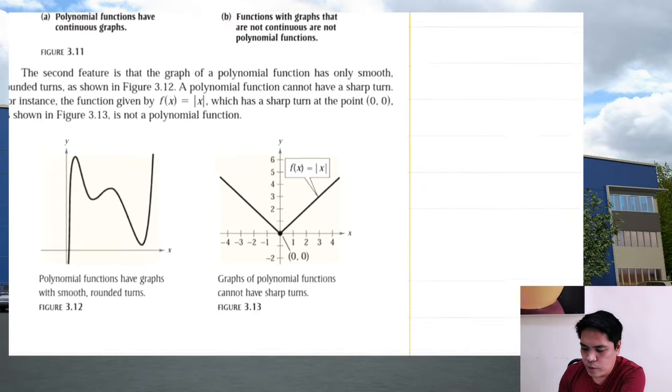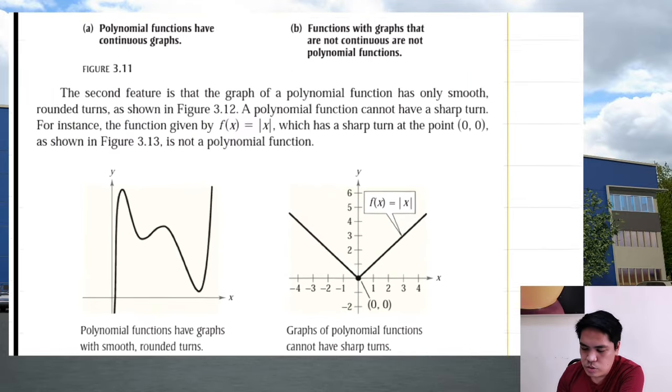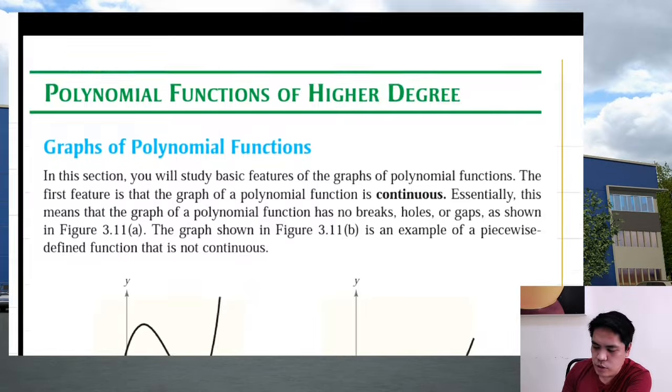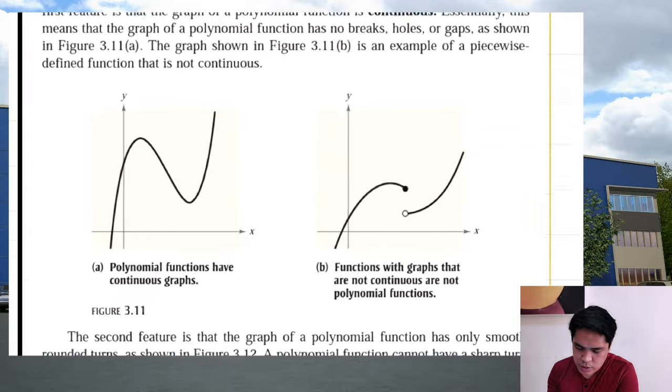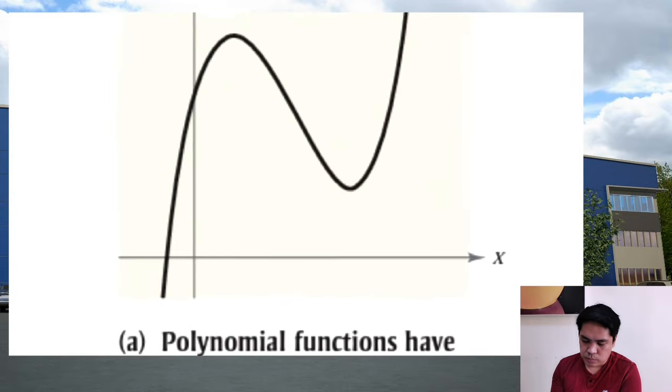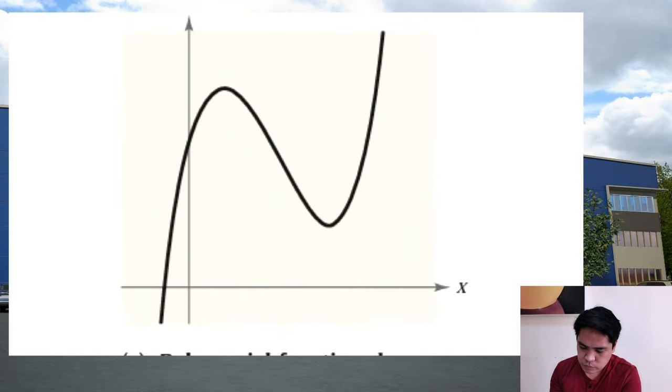Okay? But in order to graph polynomial functions, we need to learn some things. Number one, look at this function. This continuous function crossed the x and the y axis. It crossed the x-axis here and it crossed the y-axis here.